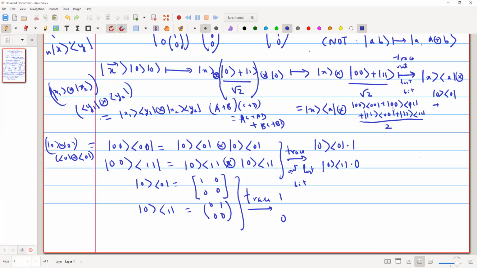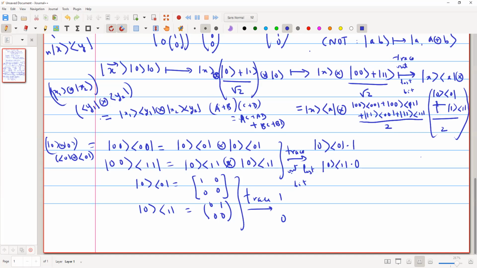This is ket 00 bra 11, which you have done out here. On tracing out, it gives me the 0 operator. So nothing from here. Similarly, ket 11 bra 00, tracing out the last bit, will give me the 0 operator. Only ket 11 bra 11, tracing out the last bit, will give me ket 1 bra 1 by 2. So this is what I get.